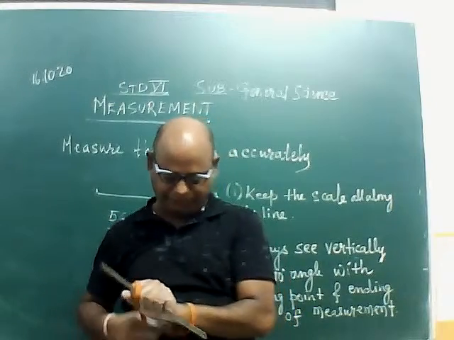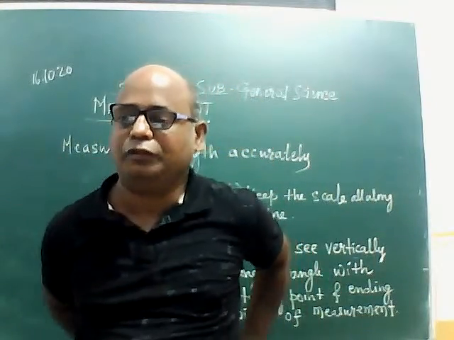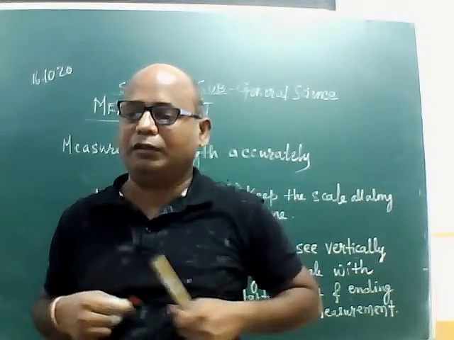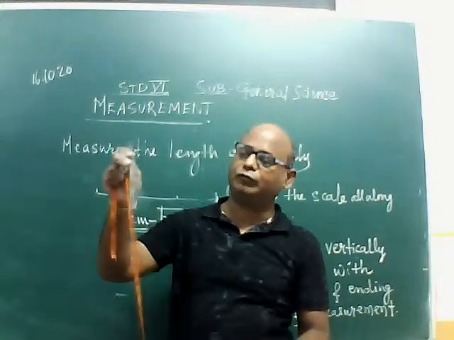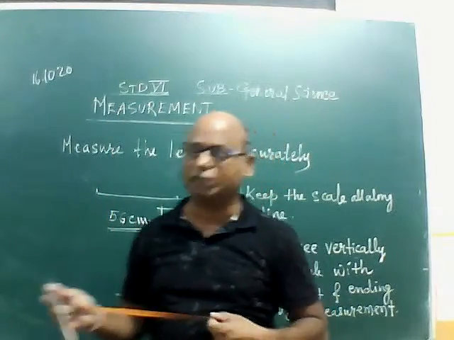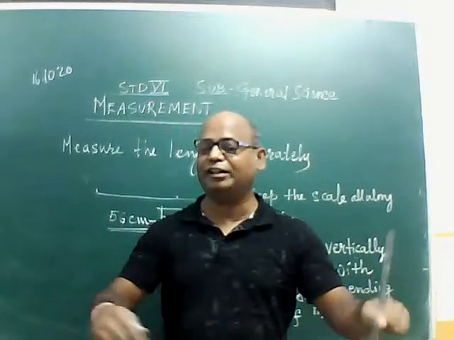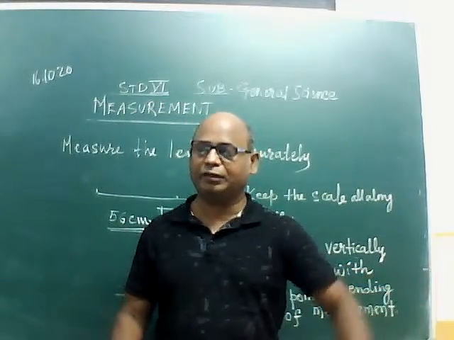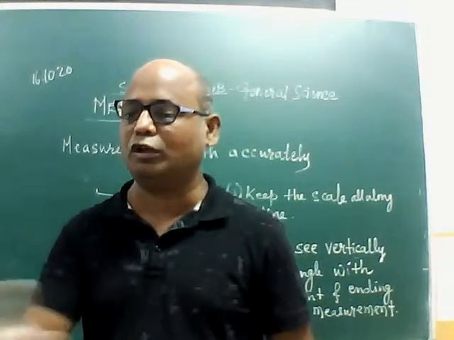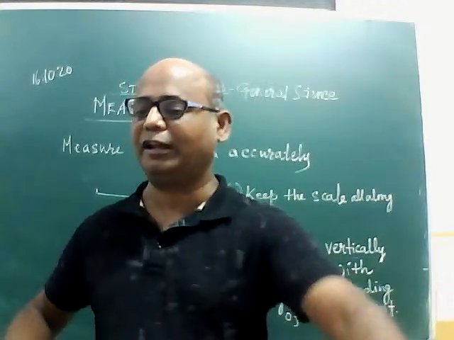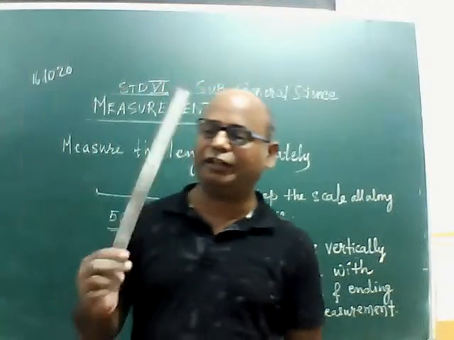So a flexible tape is there, isn't it? He will also take my chest and note it down. So this ruler cannot work for a tailor. And if you go to purchase cloth, then there you will find a meter scale. 1 meter, 2 meter, how much cloth do you want? 3 meter, so you will measure and give. So this ruler generally we are using.